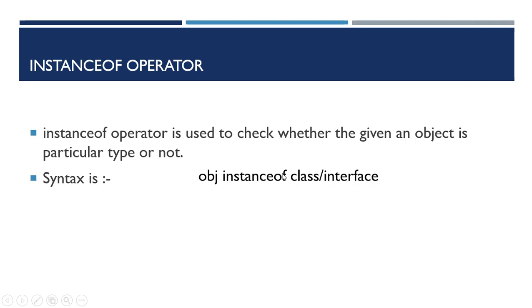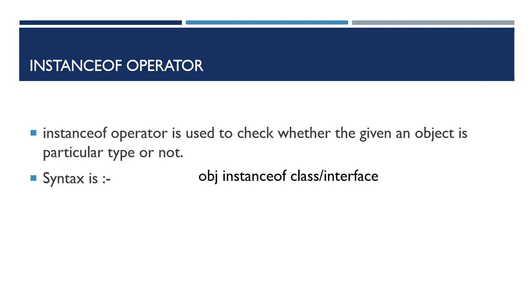Don't be confused that it consists of two words, so the second word should be in capital. All the letters should be in small case. And then the class or interface against which I want to check whether my object belongs to it. This is the general syntax in which we can check whether a particular object belongs to this class or not, is a kind of this class or not.